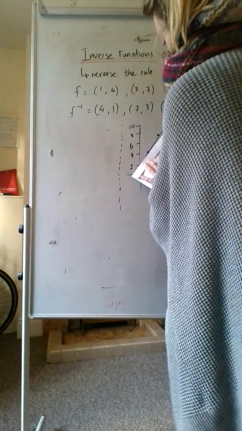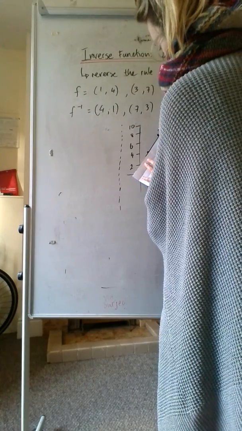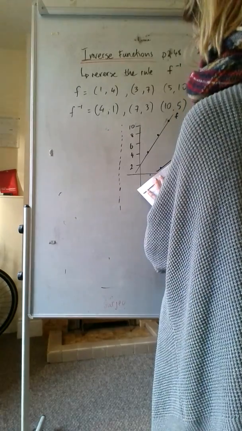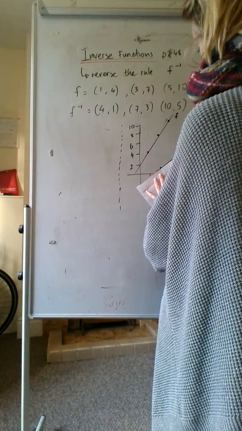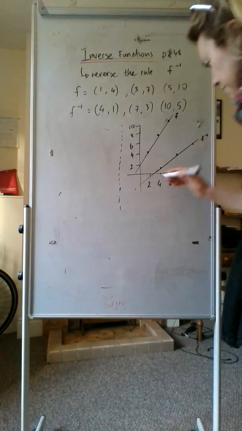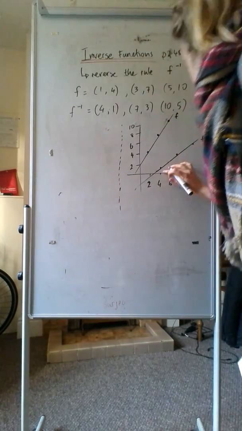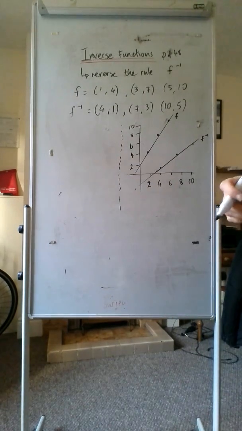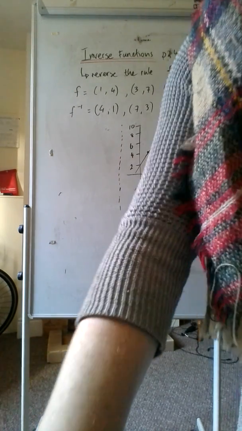Now, if I continue this on here with my great ruler, what we will see, and it's maybe not so easy to see now, but I'll just tell you what it is.